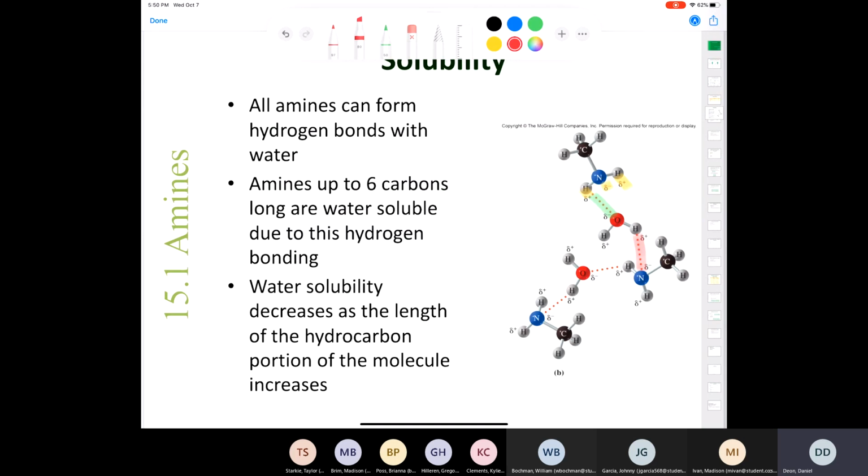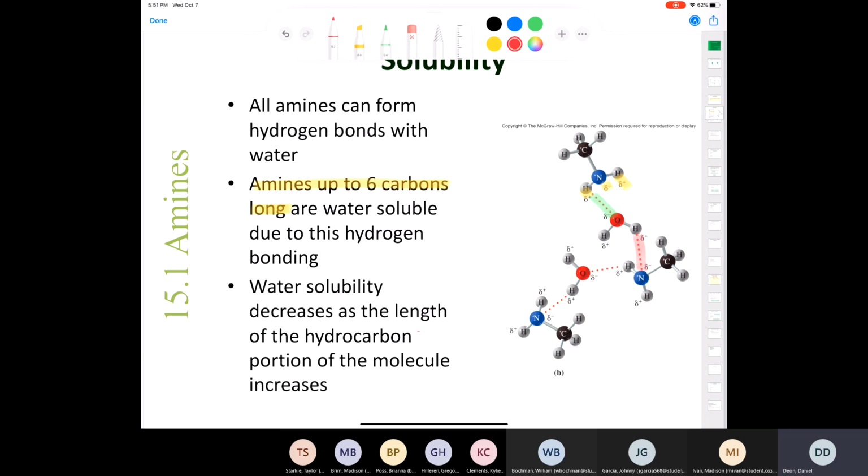Another rule of thumb, students like rules of thumb, is that amines that are up to 6 carbons long are generally speaking going to be water soluble, and that's due to their ability to form hydrogen bonds with the water. The solubility in water of an amine is going to decrease, obviously, as the length of the hydrocarbon portion of the molecule increases.